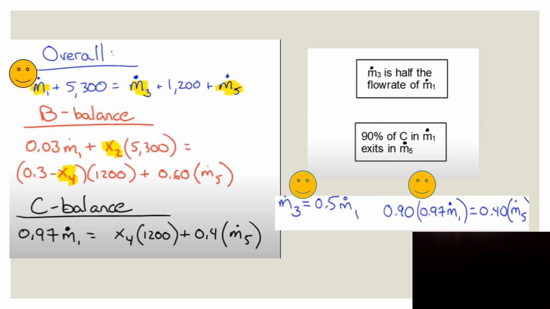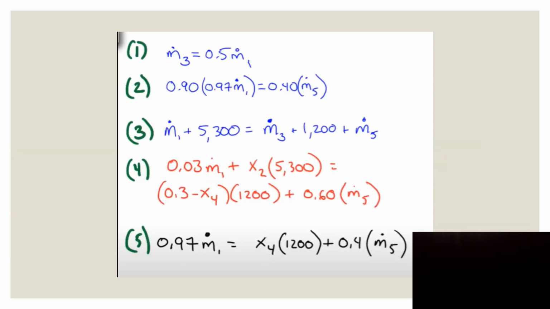So 0.97 M1 equals 0.4 M5. Okay. So at the end, you have these 5 equations. If you cannot get it, let me know, and we will do it later. If you have any problem coming up with these 5 equations, let me know. I can explain to you, okay?